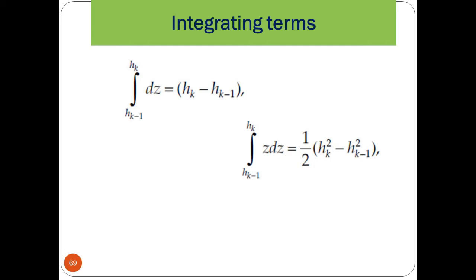So we have to keep in mind always that hk and h(k-1) represent the different surfaces of a lamina, that is, the top and the bottom. In a similar fashion, we may have another integrated term by integrating the above equation with z dz. So z square dz equals 1 by 3 of hk cube minus h(k-1) cube.